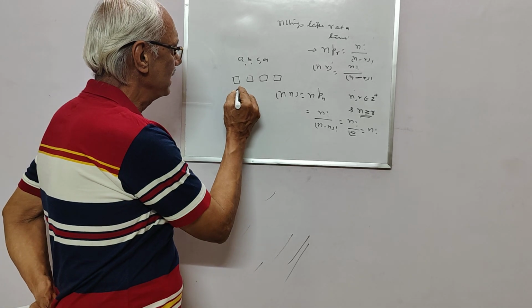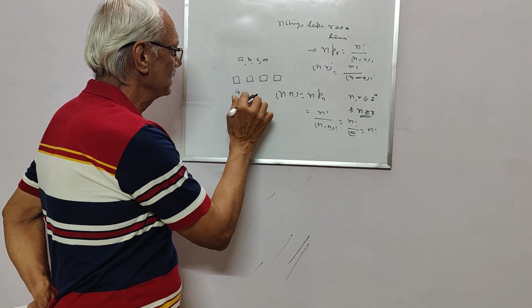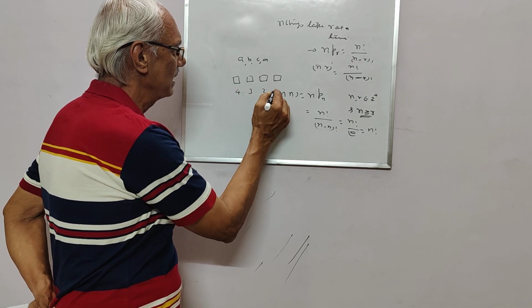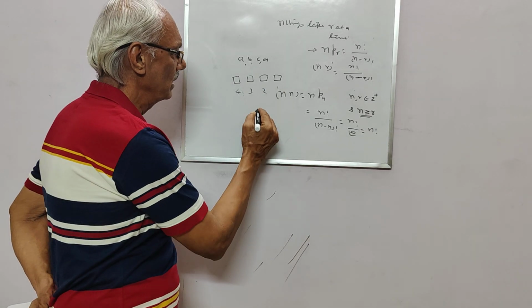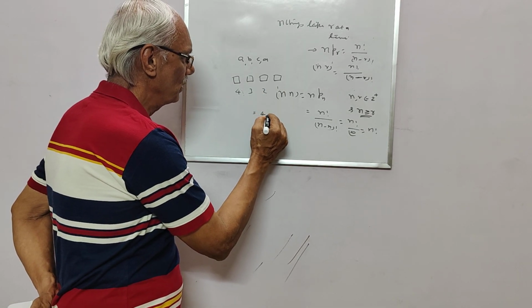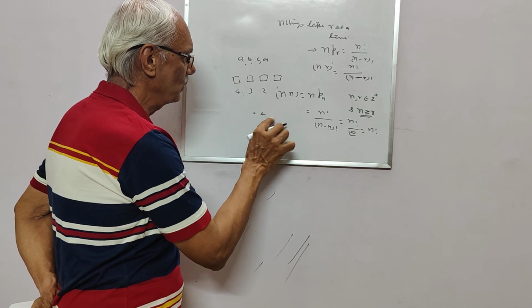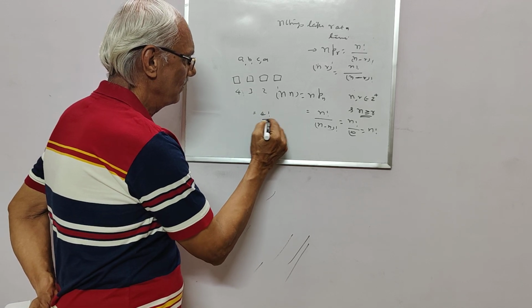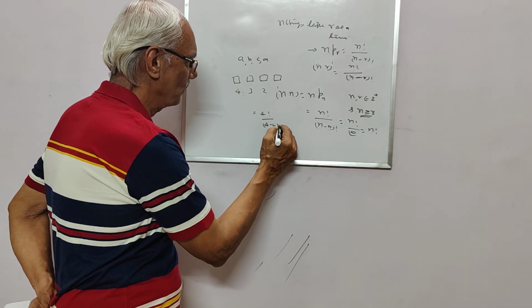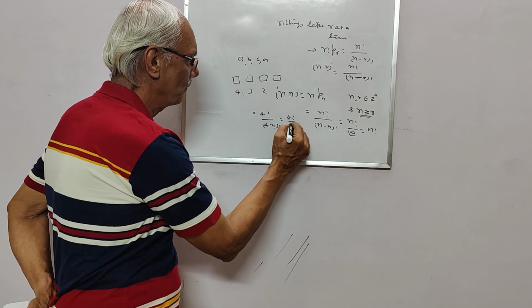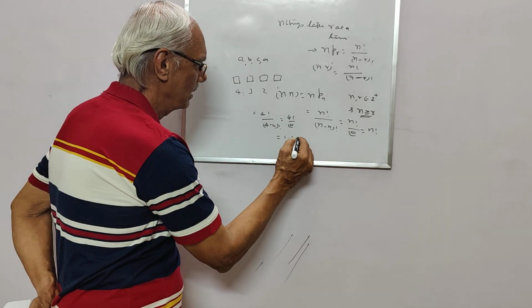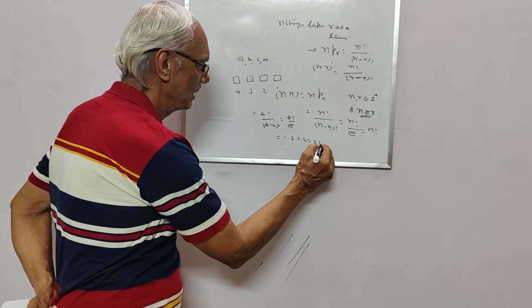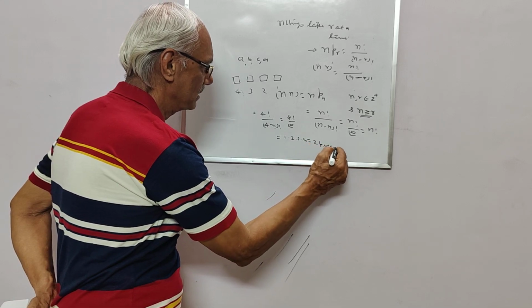That means what? This can be filled in 4 ways, this can be filled in 3 ways, this can be filled in 2 ways and 1. So this will be equal to 4 factorial divided by 4 minus 4 factorial, that is equal to 4 factorial, that is equal to 1 into 2 into 3 into 4, that is equal to 24 ways.